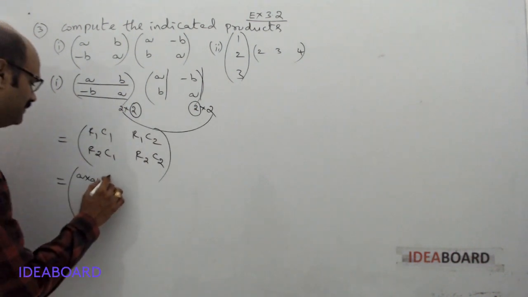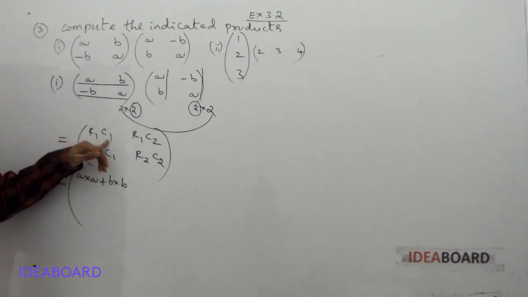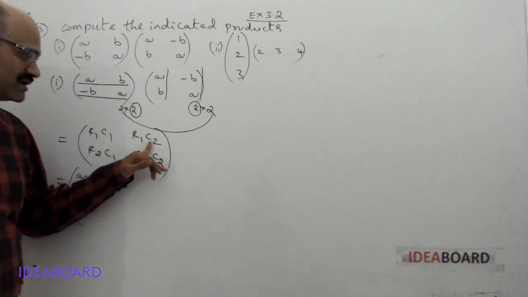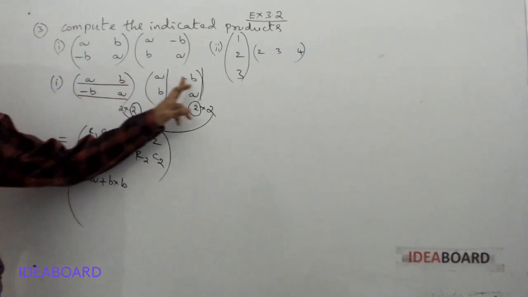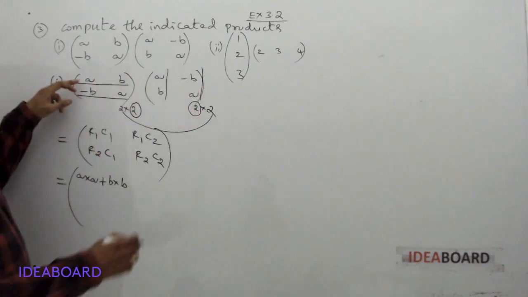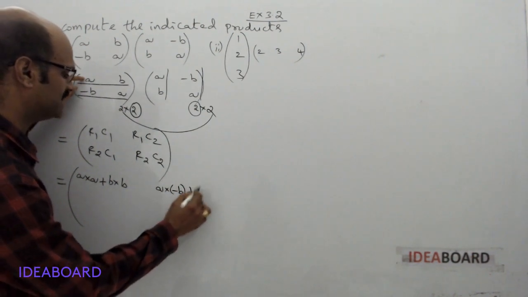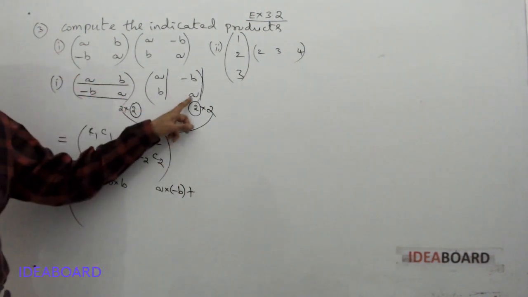So plus B into B. Now R1 C1 is over. Next we have to come to R1 C2. A into minus B plus B into A.